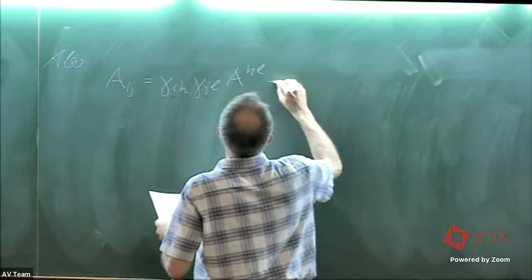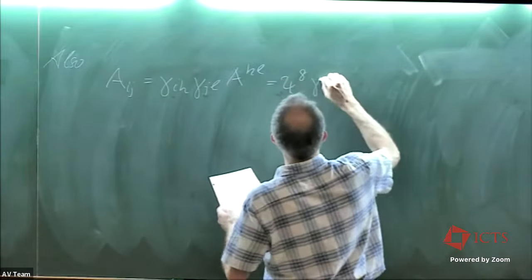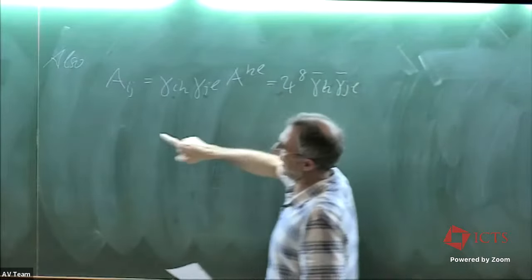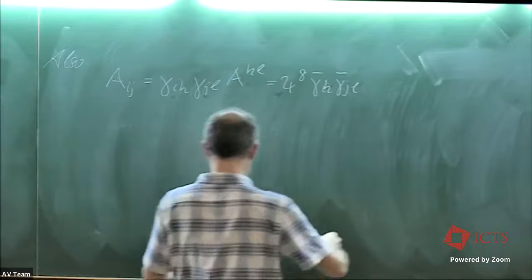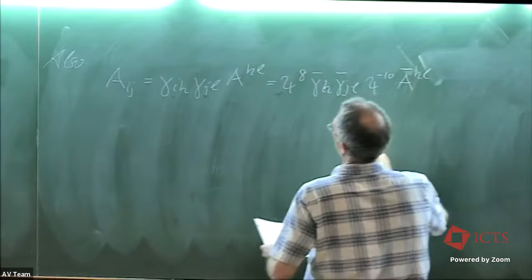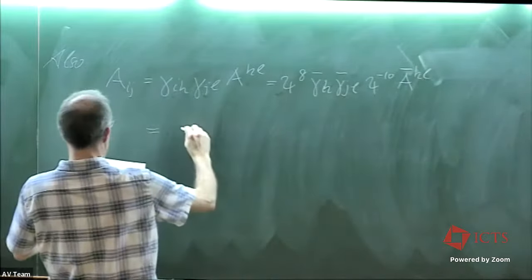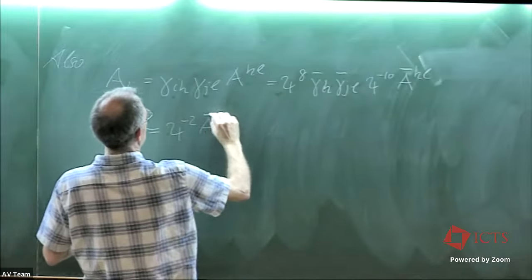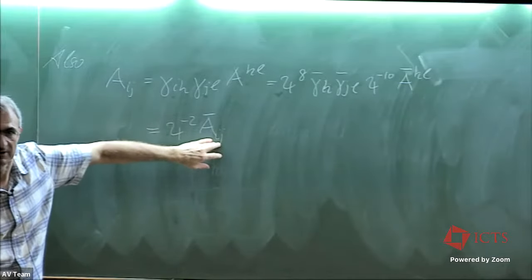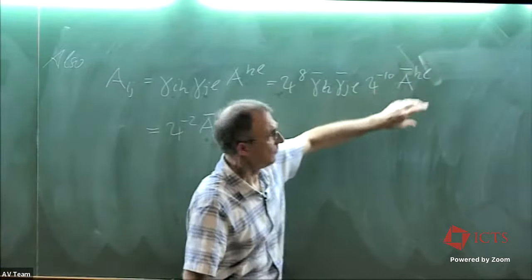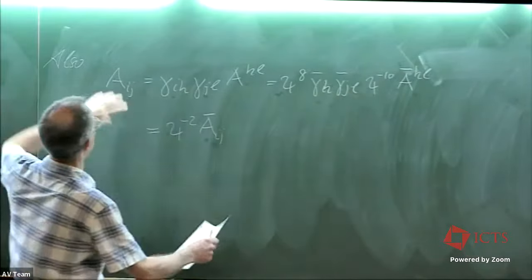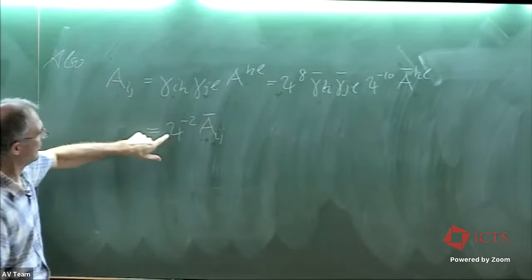So I pick up a factor of psi to the 8 times gamma-bar_ik gamma-bar_jl. The A^kl upstairs has a psi to the minus 10 times A-bar^kl. So that means I now get a factor of psi to the minus 2 A-bar_ij, if I define A-bar_ij with the lower indices as the upper one with the indices lowered by the conformal metric, which makes sense.